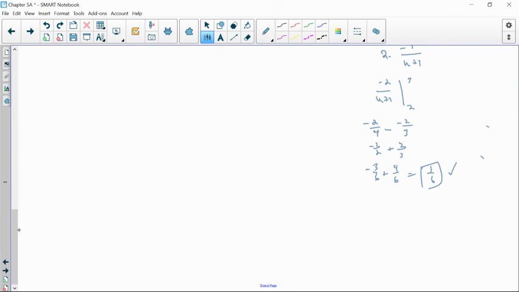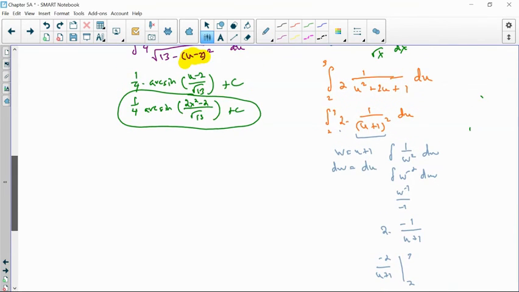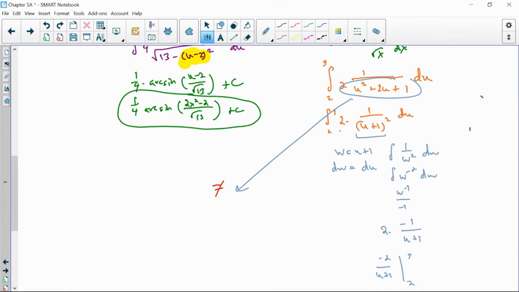Now maybe you're still wondering why it's not inverse tangent. How could you tell that this shouldn't be inverse tangent? Well, if you think about this for a second, here's why. So this doesn't work, so not equal, in case you're fast forwarding. If you try to complete the square, so u squared plus 2u, you put the 1 here. So I add 1, but then I've got to subtract 1. So then I get 1 over u plus 1 squared plus really 0 squared.